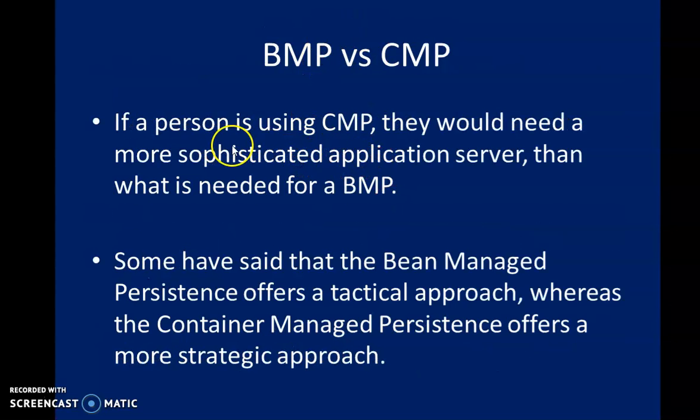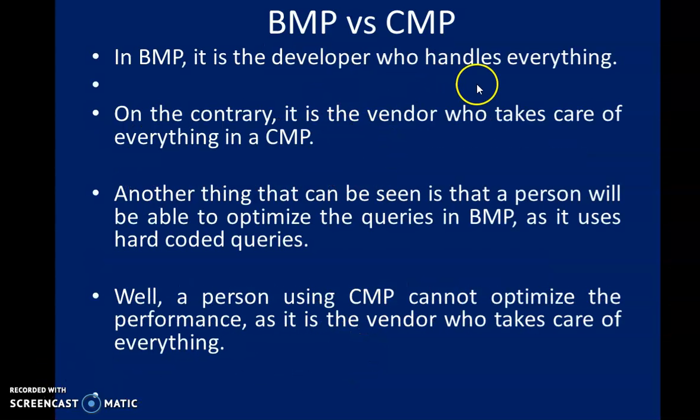And the person using CMP needs an application server. Bean managed persistence offers a tactical approach, whereas container managed persistence offers a more strategic approach. In BMP, everything is the responsibility of the developer, but in CMP, the vendor takes care of all these things.